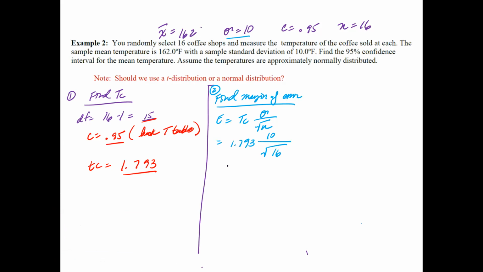Grab your calculator: 10 divided by 4 gives you 2.5. Times that by 1.753, and you should have 4.3825 for your value of E.